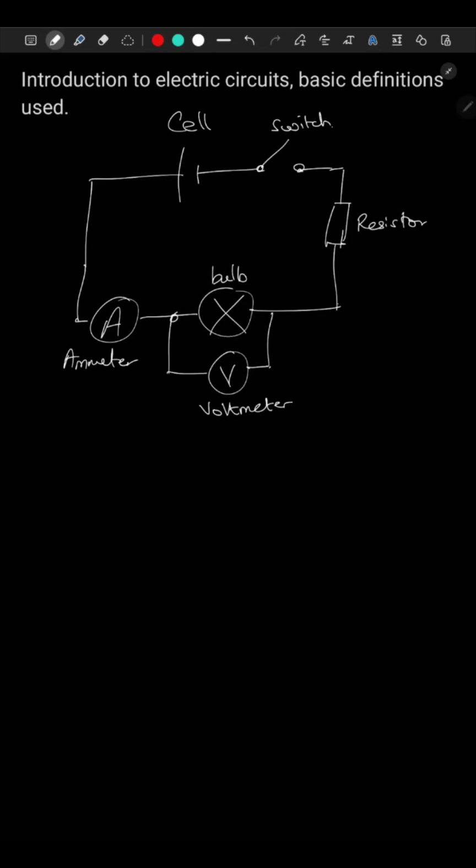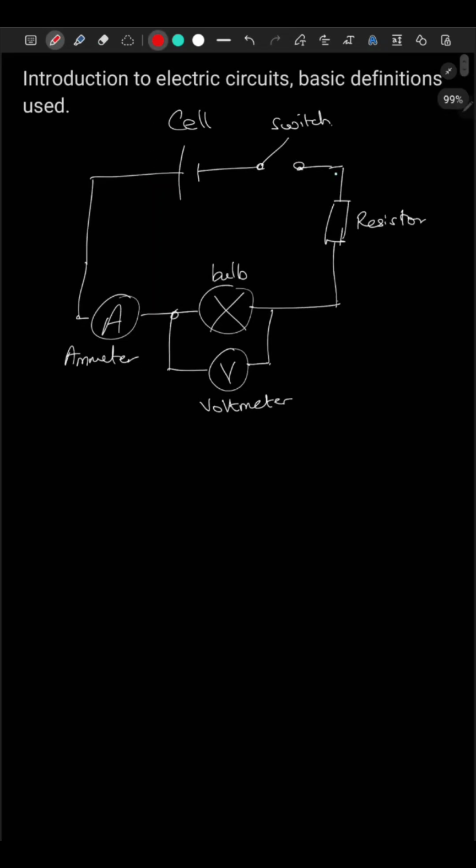Now a current will flow when the switch is closed. So if the switch is closed, a current will flow from the positive terminal and go around the circuit to the negative terminal.